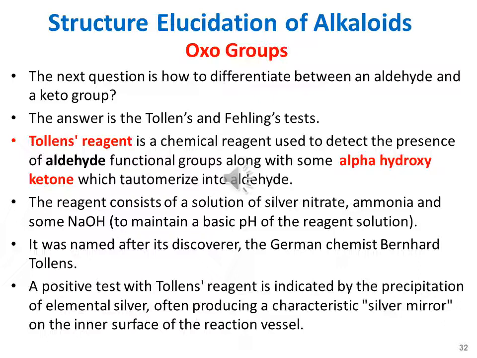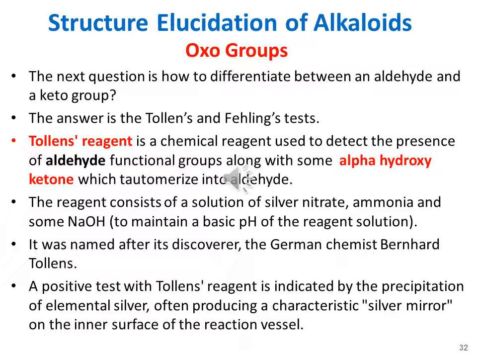The Tollens reagent was discovered by the German chemist Bernhard Tollens. A positive test with Tollens reagent is indicated by the precipitation of elemental silver, also called the silver mirror test, often producing a characteristic silver mirror on the inner surfaces of the reaction vessel, such as the test tube.